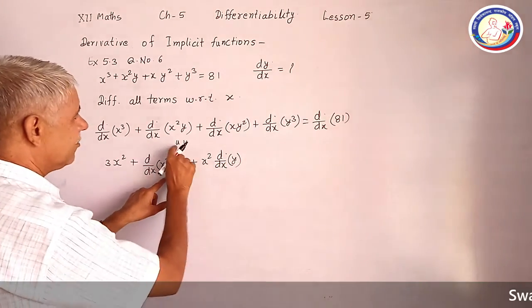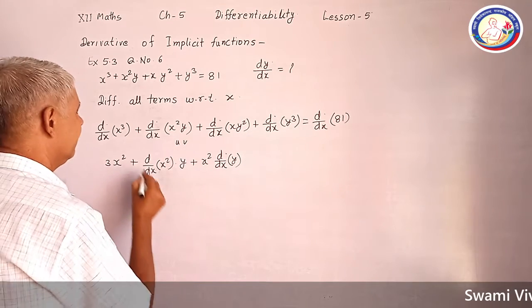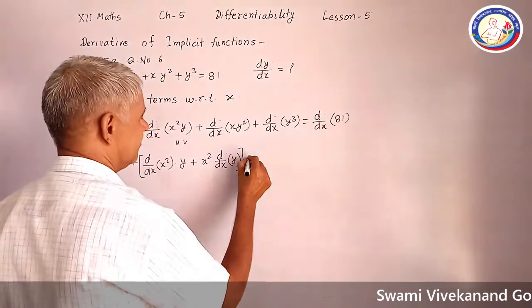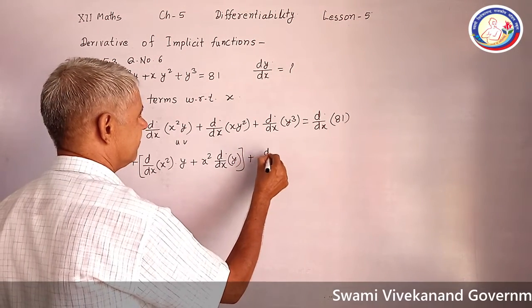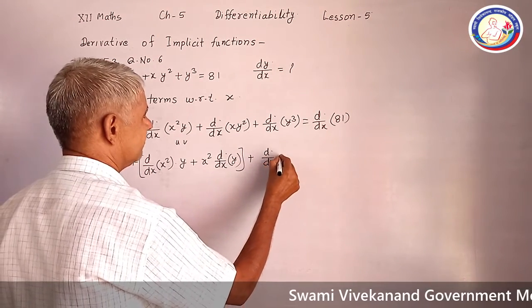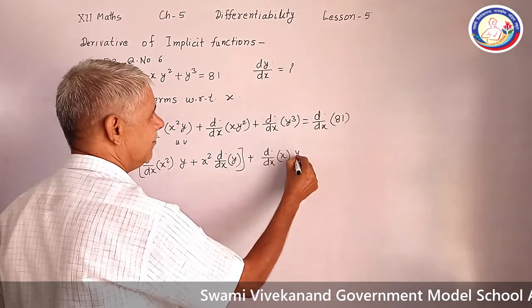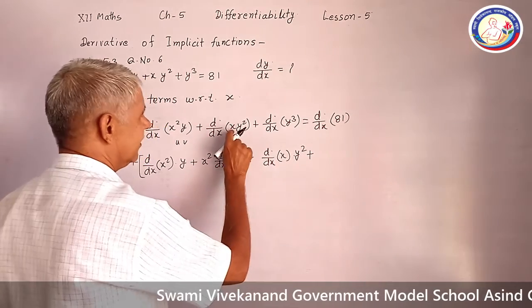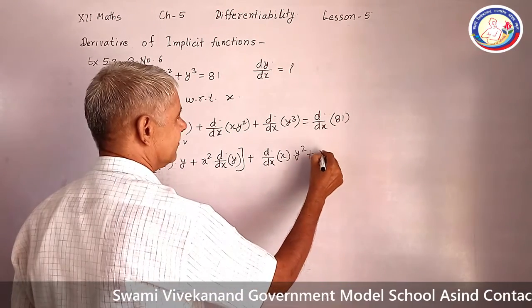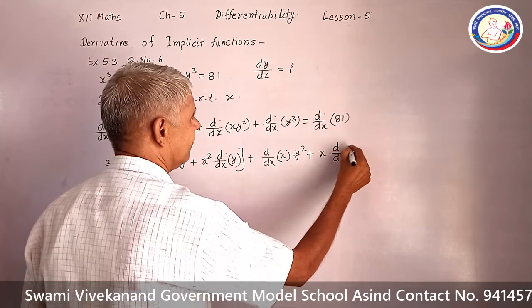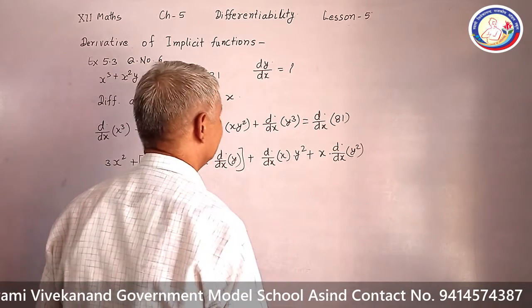This is UV method, product rule. We are applying here product rule. Again apply product rule. x into, keep the second function as it is, y square, plus keep the first as it is, x, and derivative of y square with respect to x.